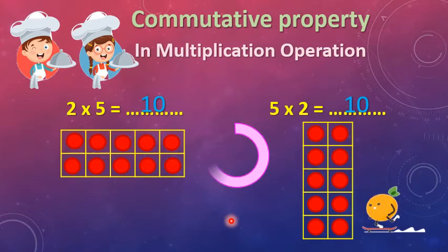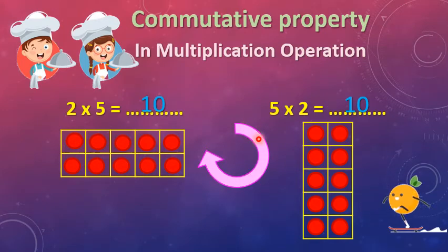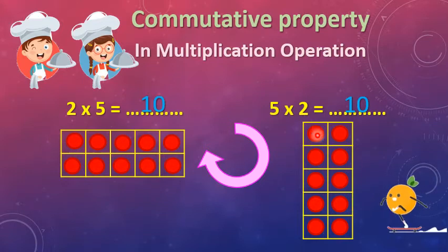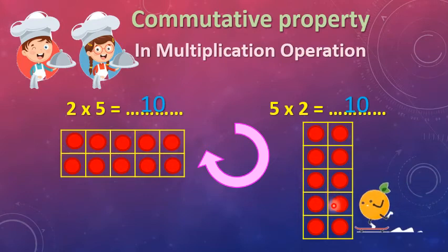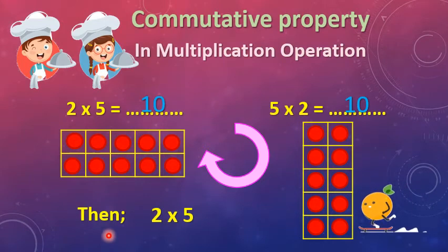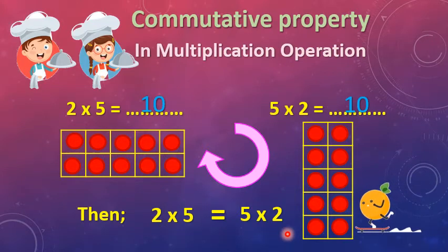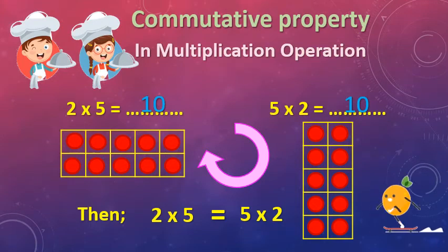Yes, good job. We have here a reverse. We just reverse this array, instead of a horizontal array, it will be a vertical array with the same number of elements in it. Okay, now then 2 by 5 equals 5 by 2. Both of them equal 10. Then we have commutative property in multiplication equation.